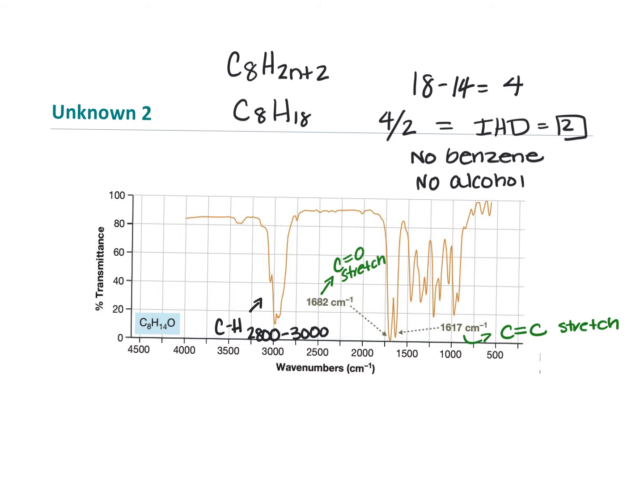And so what this tells us is that we are probably going to have a C double bond O here. But we can rule out a carboxylic acid or an ester because those require 2 oxygen atoms.